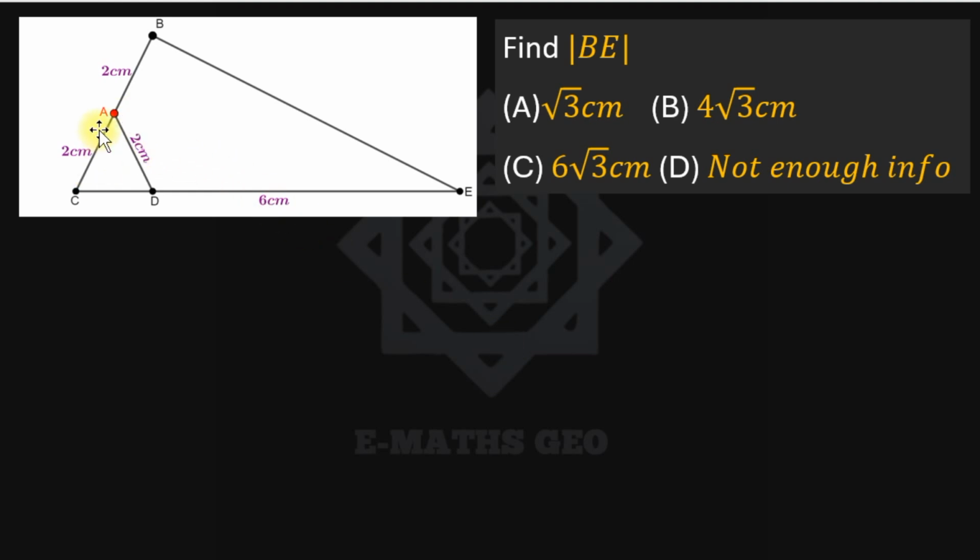Since I have the same length 2, A is the center of a circle, and the radius is AB or AD or AC. So let's introduce a circle passing through points C, D, and B with center A.